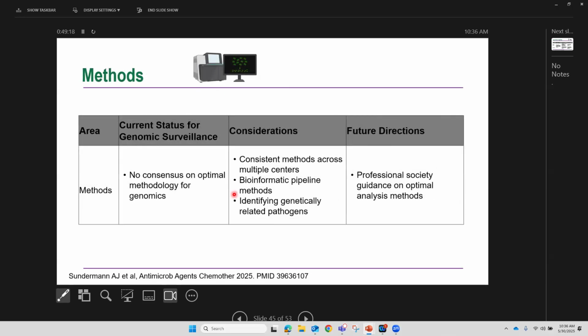And then there are all sorts of issues with methods. There's no consensus on the optimal sequencing platform. Most people are using Illumina, but there are other platforms as well. And the real secret sauce is how you analyze the sequence data and how you interpret the sequence data. So you need really good bioinformatics pipelines.